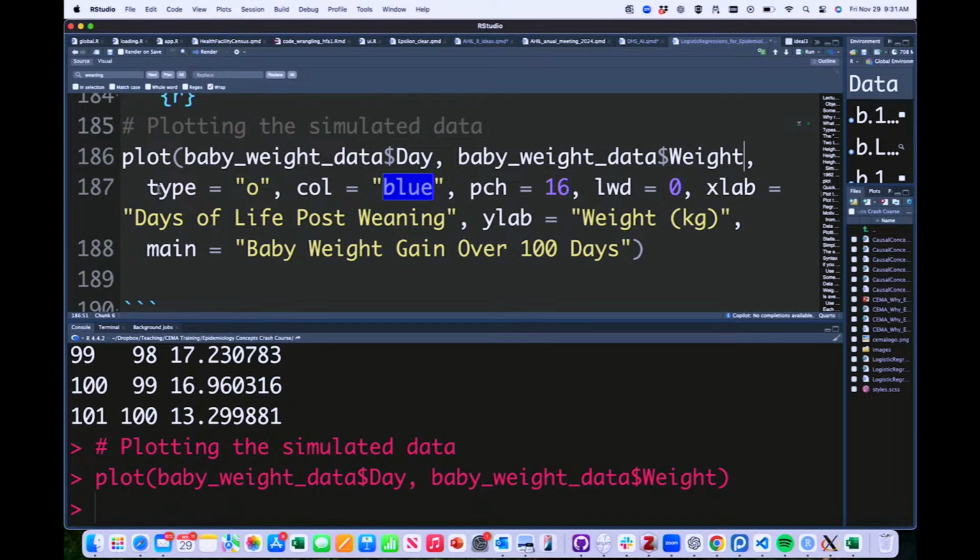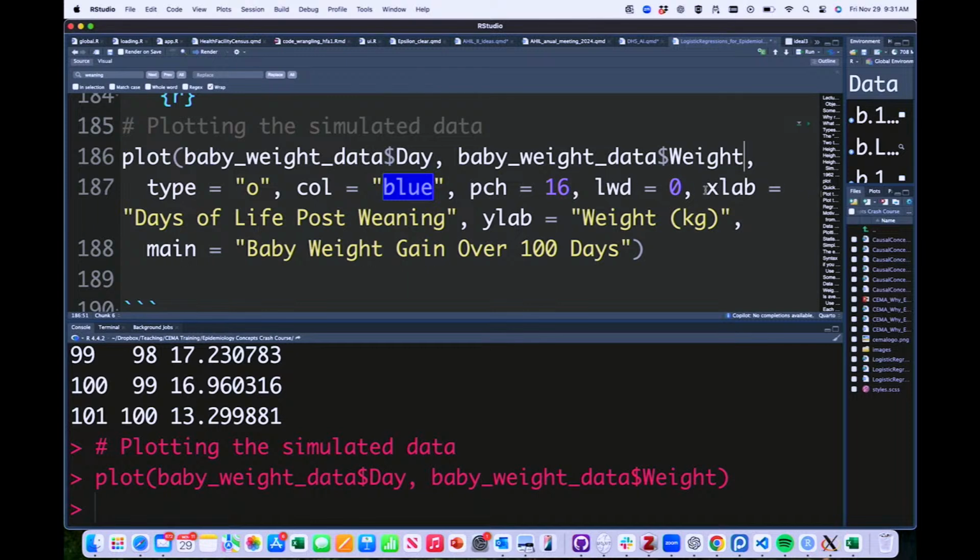The other lines here are just lines to make the graphic look better. So we are saying we want dots. We want them in color blue. We want them in a size 16. The type of line we want.